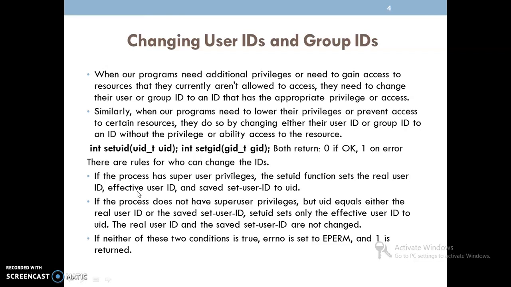That means only one value is changed. Otherwise, the remaining values will stay the same. If neither of these two conditions is true, errno is set to EPERM. That is nothing but you do not have the permission to access these resources or files here.